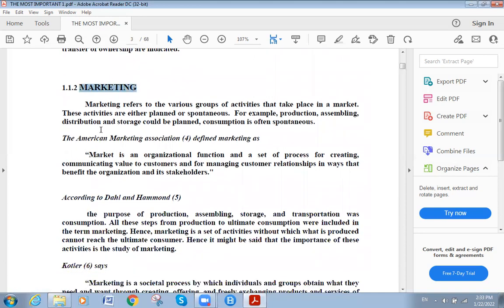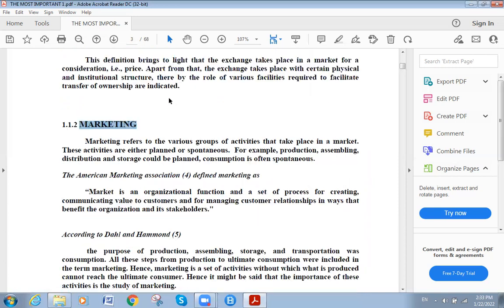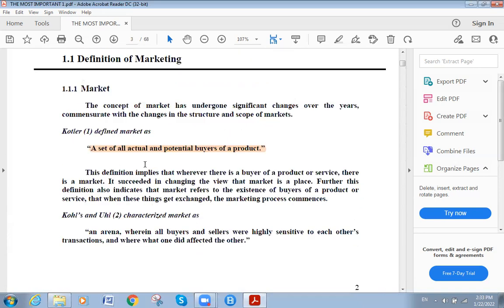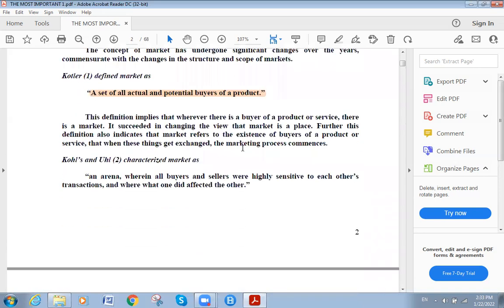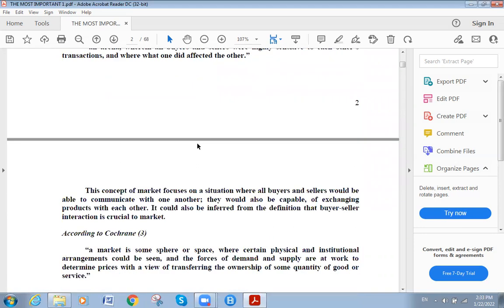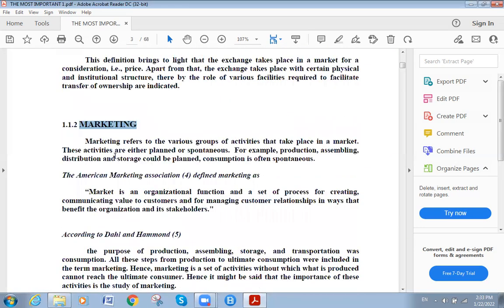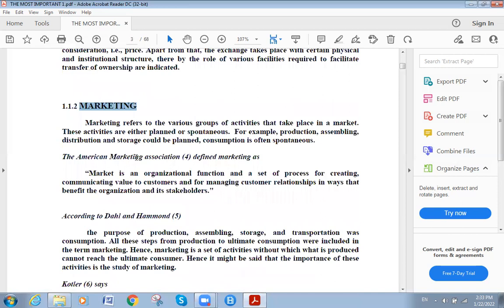Second thing we want to talk about is the marketing process itself. What is marketing? We talked about the market here, and we said it is a very old activity, since Adam and Eve were on the earth. Marketing refers to the various groups of activities that take place in the market. These activities are either planned or spontaneous.